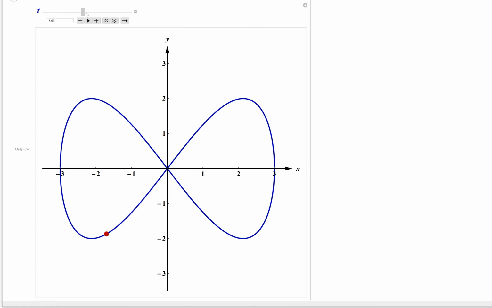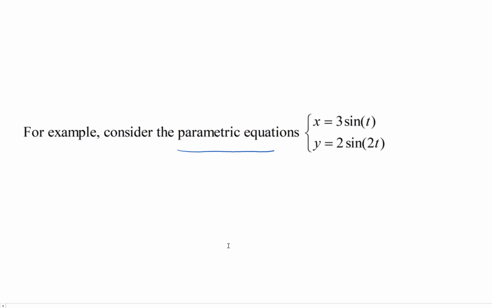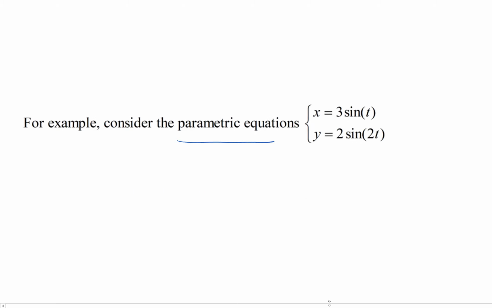There it goes. And as you can see, as t moves along, we go through this cycle here. Kind of almost looks like an infinity symbol, right? Kind of a nice looking graph. So that's just a reminder of parametric curves, right?